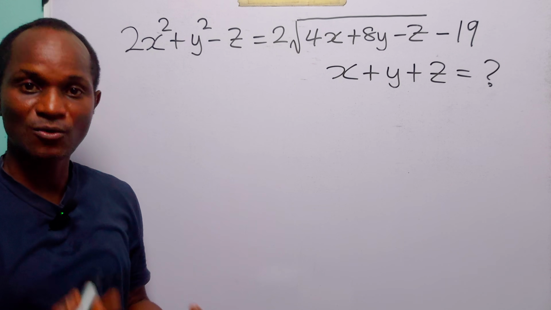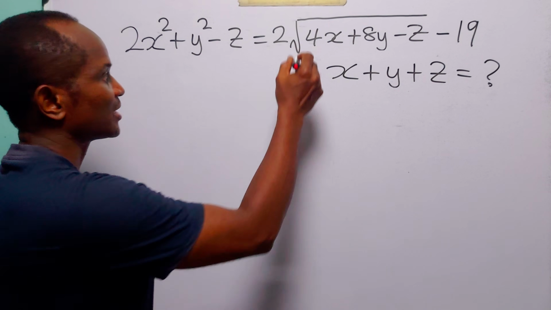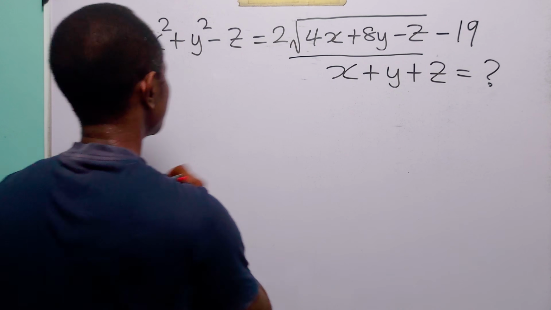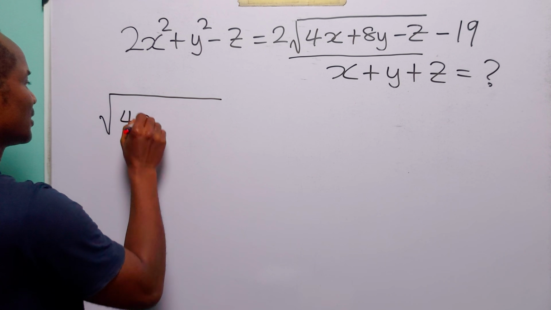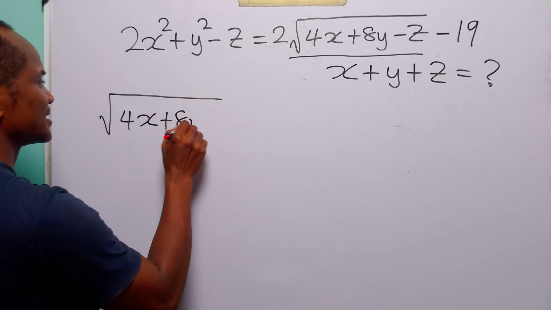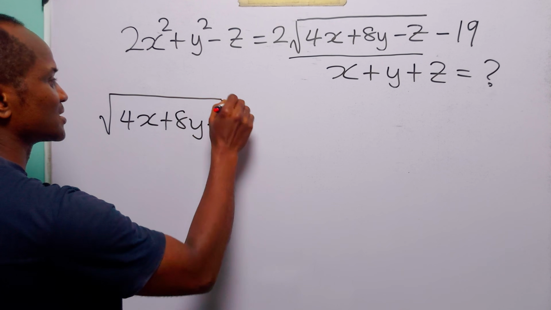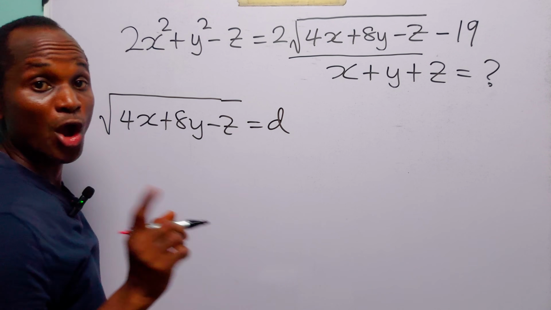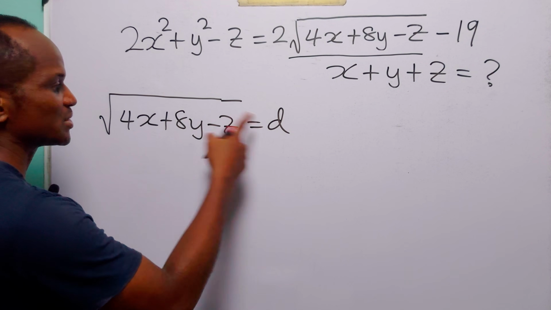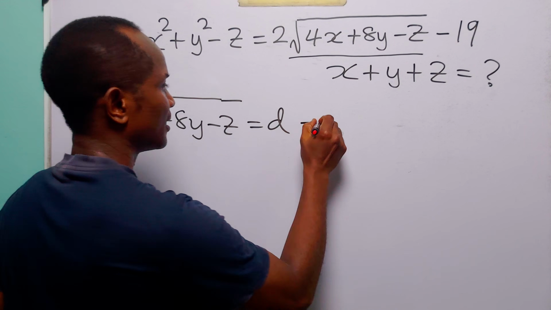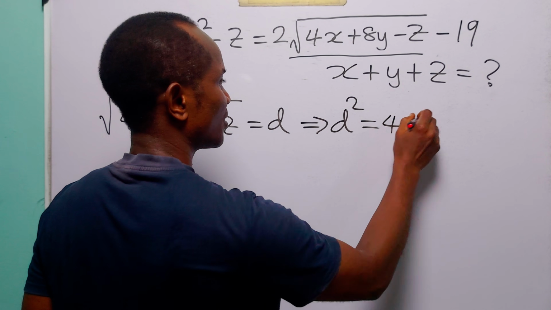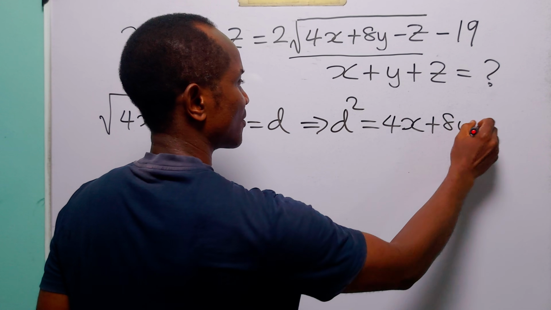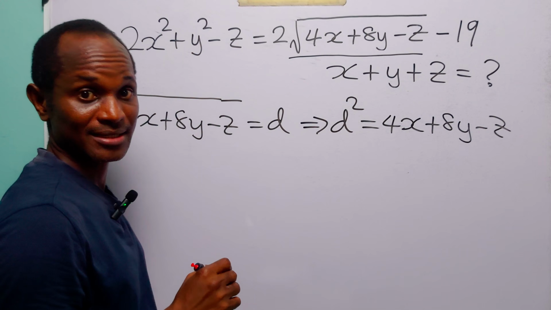We are going to start with a substitution. Now let us call this quantity, that is the square root of 4x plus 8y minus z, d. Of course, you know that if we square both sides of this equation, then we have that d squared is equal to 4x plus 8y minus z.